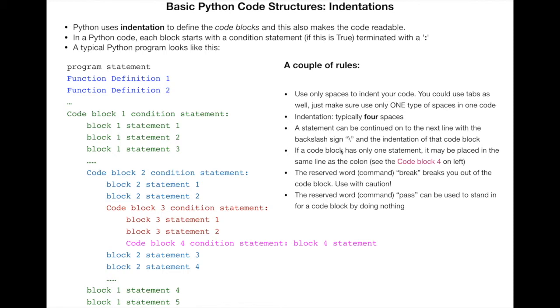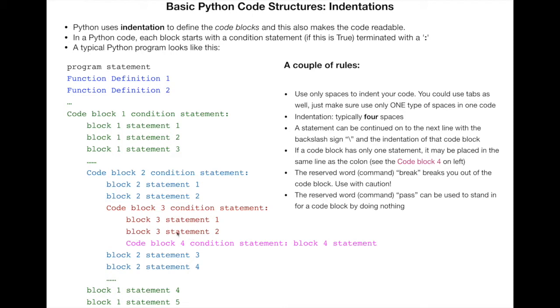If a statement is too short and only has 1 line, it can be placed on the same line as the colon. You can see that with the code block 4 condition statement and the block 4 statement. We will have examples of this later on. The reserved word break, which we will see later on, breaks you out of the code block and goes back to the outer one.